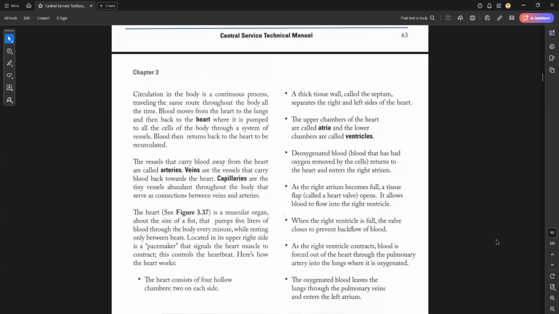So we have the vessels that carry blood away from the heart called arteries, and then the veins carry it to the heart. And so you see that the respiratory system functions in unison with, of course, the heart. It's very, very key. If you are in an area where there is not much oxygen, then there is a problem.